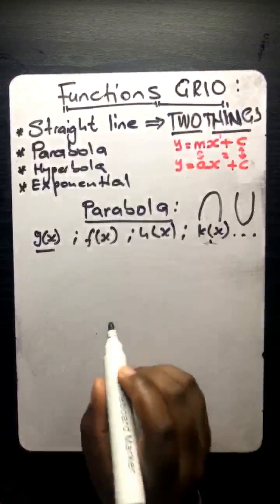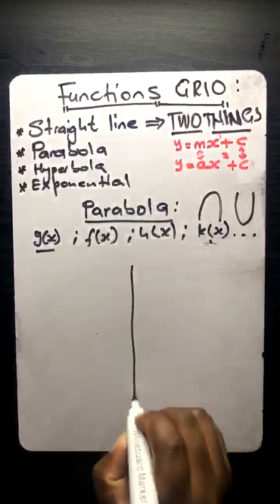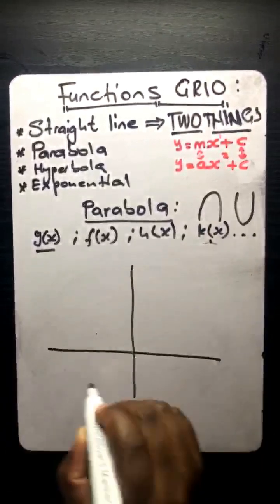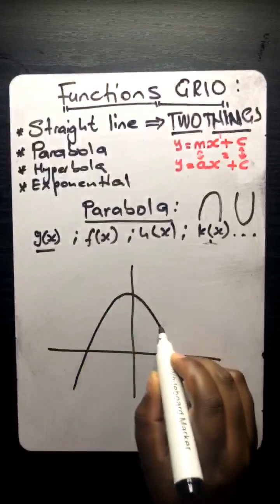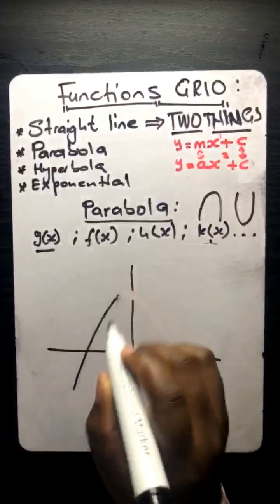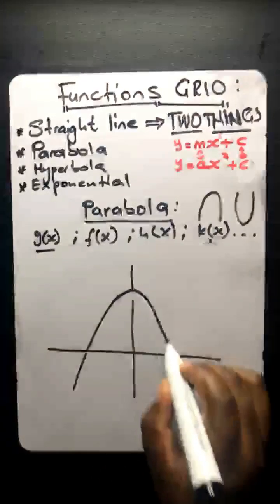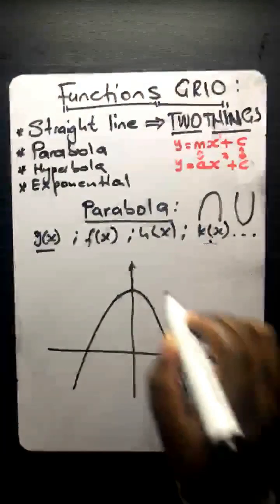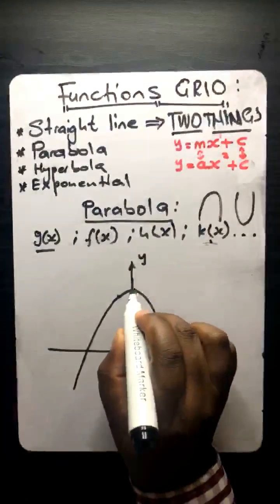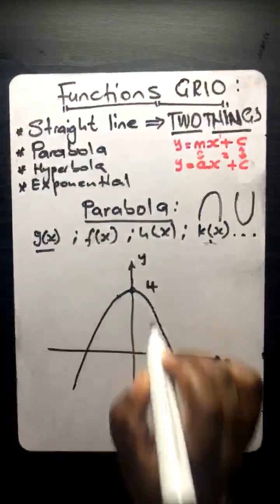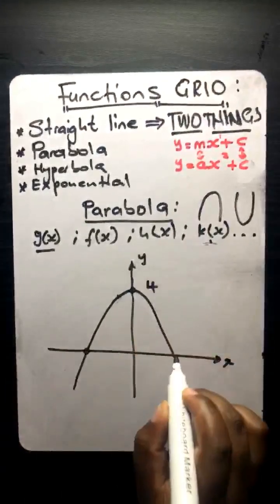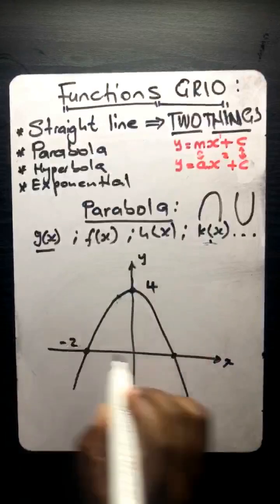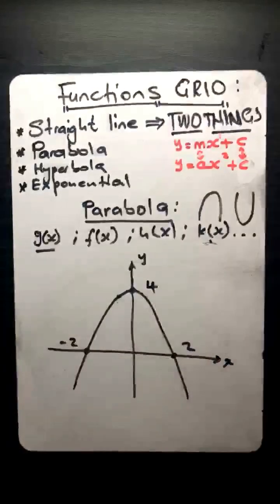Let's maybe try to see if we can do something. Let's say we are having this. It's a hand drawing, so it might not be accurate. Let's say we are having x and y there. Let's say that point is 4, and here we are having -2 and 2.